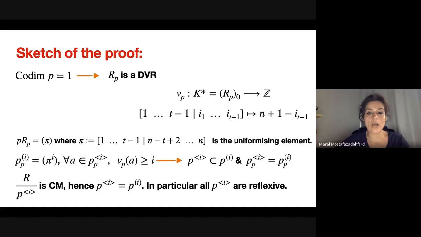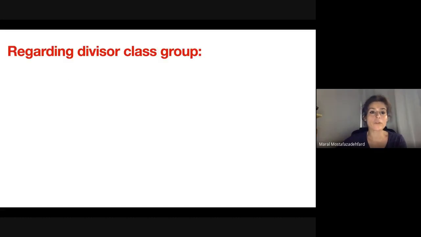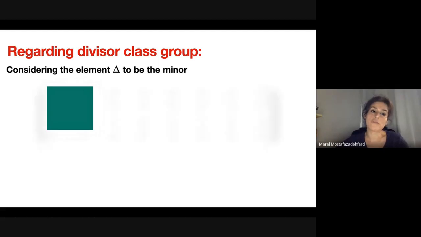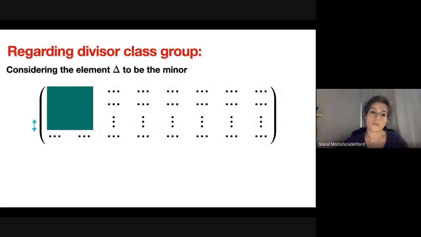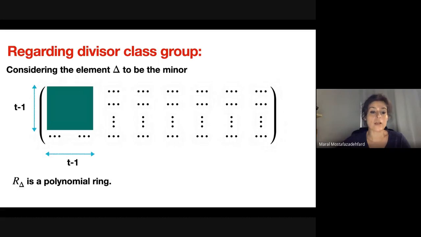So up to now, we could show that these are equal. After that, we thought about the divisor class group. For the divisor class group, we consider this delta coming from the first t minus 1 minors. There is a good property for the Hankel determinantal rings: localized at delta, the ring is a polynomial ring.